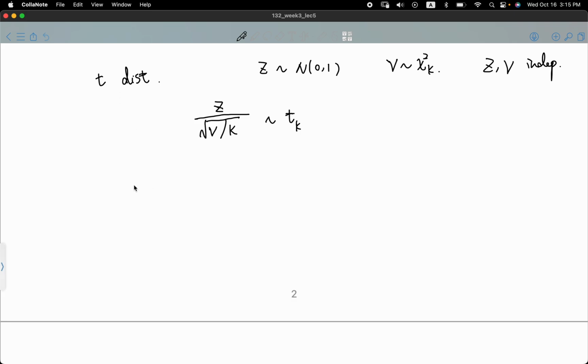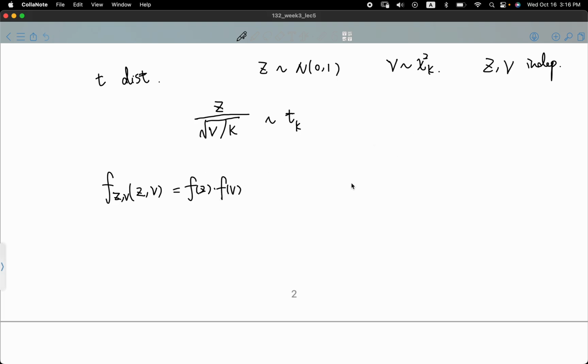What we have is z and v here, which, because they are independent, is f of z multiplied by f of v.